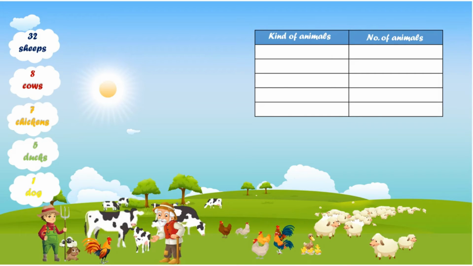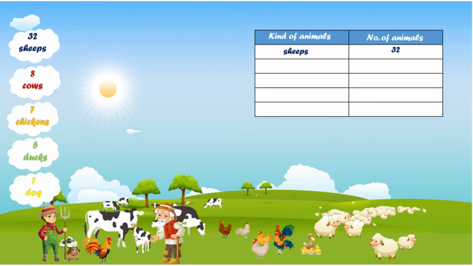What was the first kind of animal in your list? The first in my list are sheep. Then you have to write sheep. How many are your sheep? I have 32. Then you have to write 32.